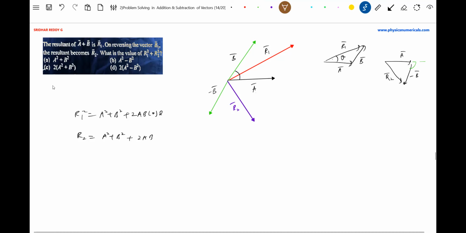So the angle between A bar and minus B bar gives cos of 180 minus theta, which is minus 2AB cos theta. I'll add up these two.